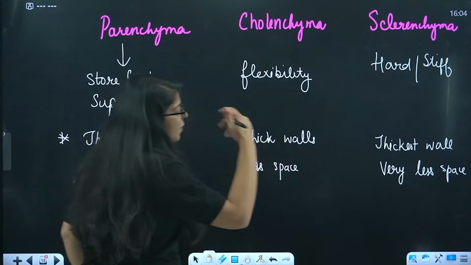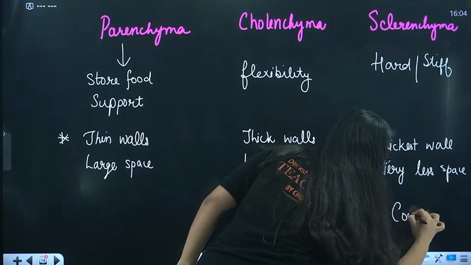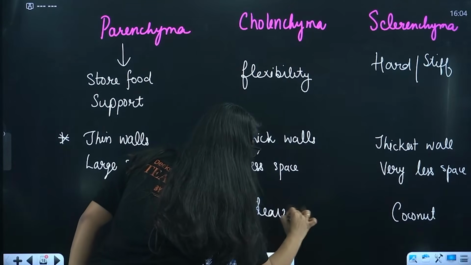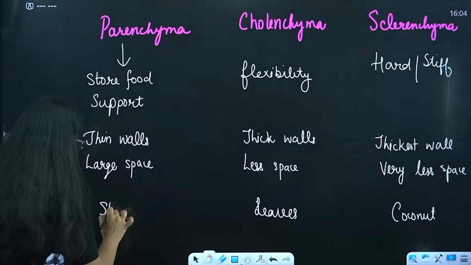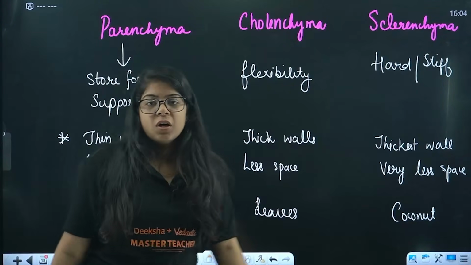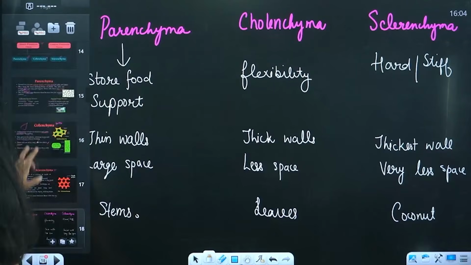In sclerenchyma, beta, we have the example of coconut. In collenchyma we have the example of leaves and stems. The stem is in parenchyma as well.